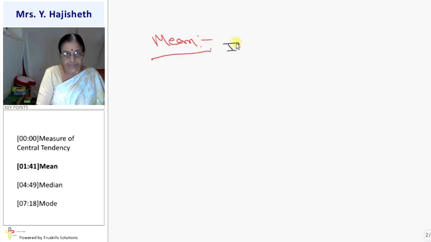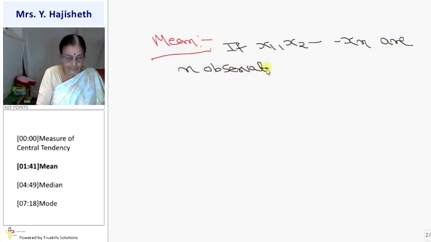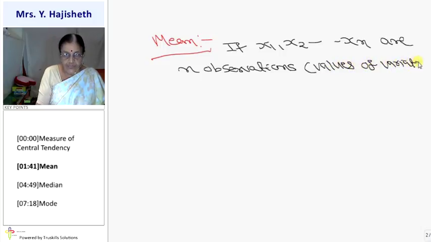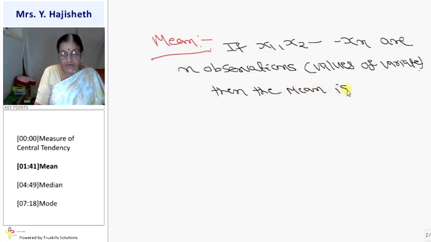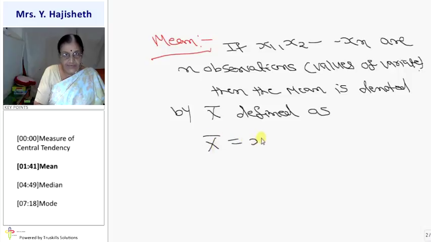If x1, x2, ..., xn are n observations, or n values of variate, then the mean is denoted by x bar. मीन का दूसरा नाम है एवरेज, defined as x bar is x1 plus x2 plus dash dash dash up to xn upon n.